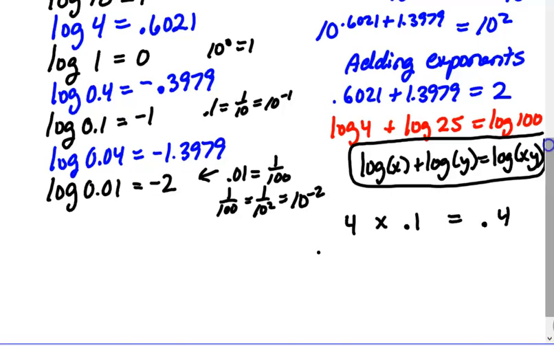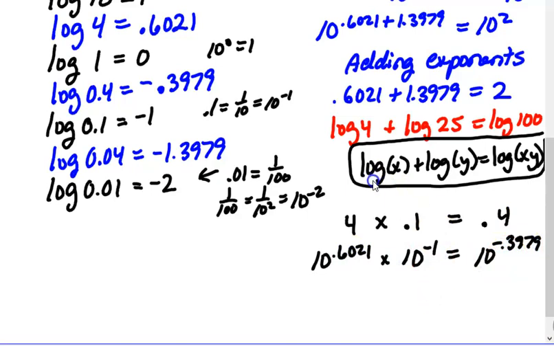Well, 4 is 10 to the 0.6021, 0.1 is 10 to the negative 1, and 0.4 is 10 to the negative 0.3979. So notice if I add up 0.6021 minus 1, I would get negative 0.3979. Okay, so the same thing works.